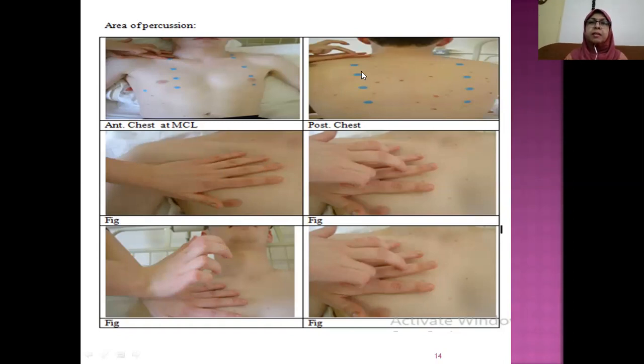From the back, do the same on the scapular line, as well as on both sides, right and left, at the mid-axillary line. Remember that you have to compare the percussion note at the mid-clavicular line on the right and left side. And in the cardiac area, you have to go a little laterally to the left side to get the lung field.